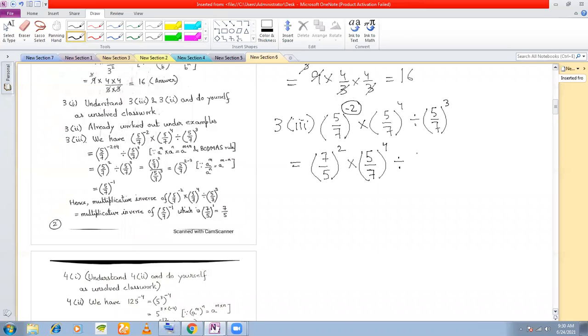I can write this as 5 cube by 7 cube. Now this can be written as 7 square by 5 square into 5 to the power of 4 by 7 to the power of 4.